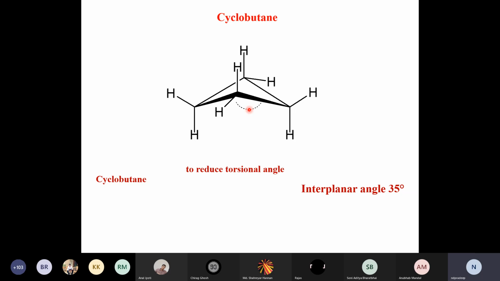So in cyclopropane, the electron diverts from the ring by 21 degree. For cyclobutane, it gets puckered from the plane by 35 degree. And the two strains involved there are torsional strain and angle strain.